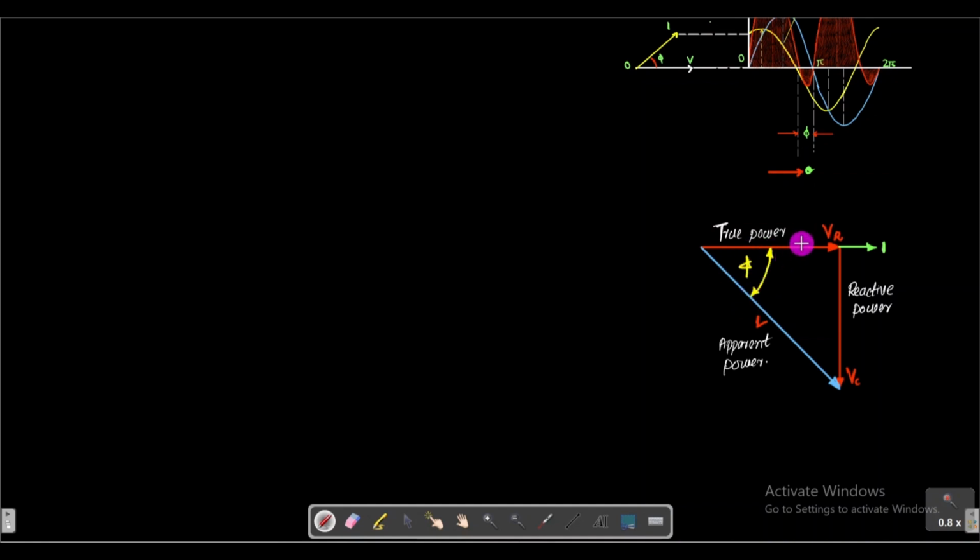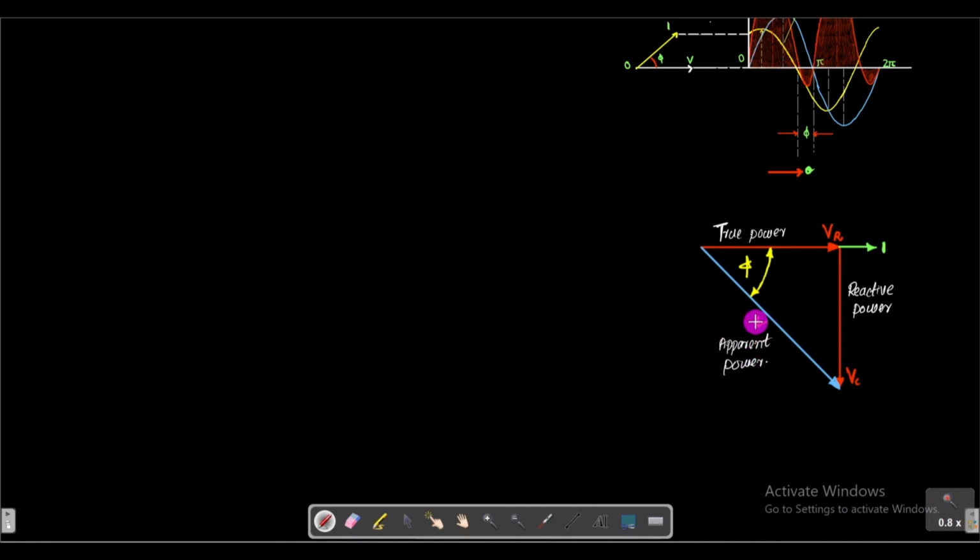So we have three types of power. One is the true power, another is the reactive power, and the other is the apparent power. The apparent power is the total power provided to the RC circuit.